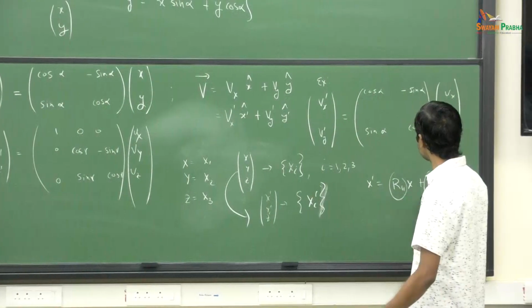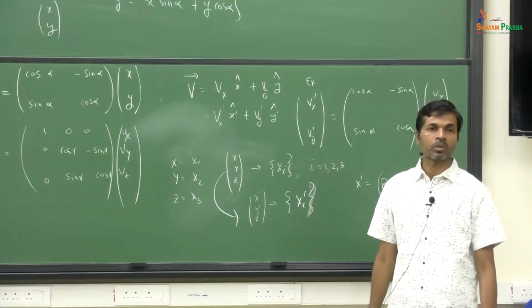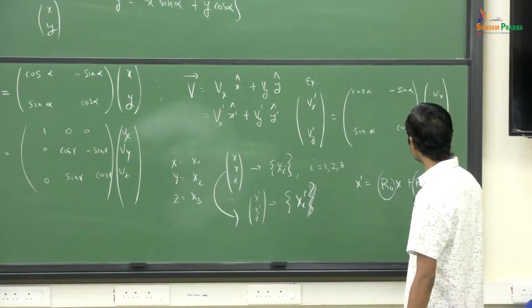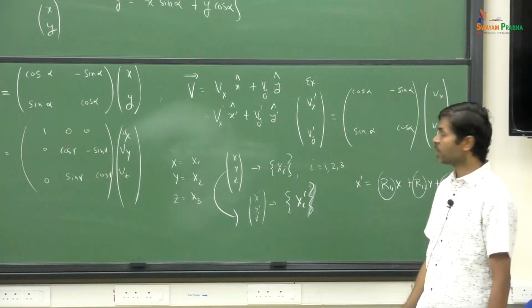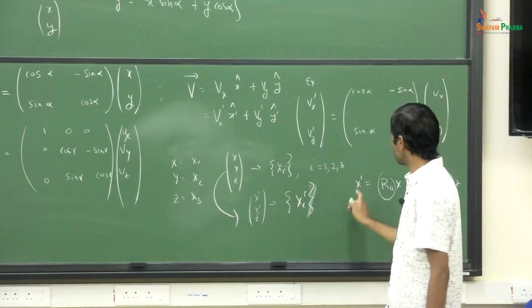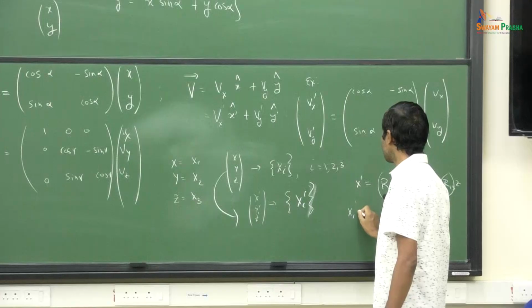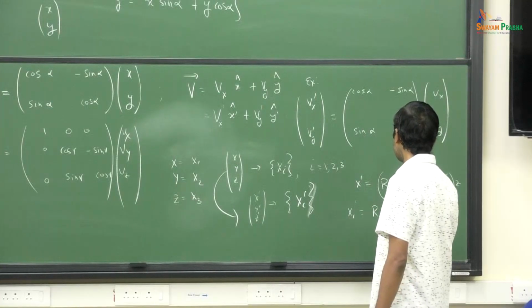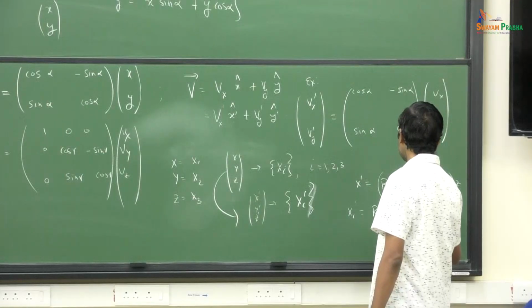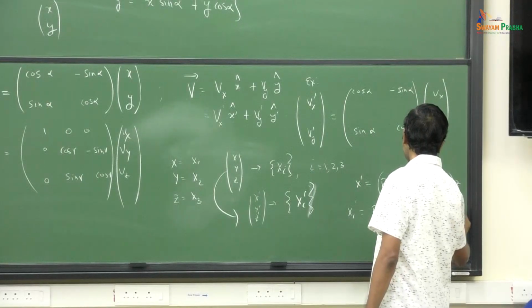But there will be some constant coefficients. They are independent of x, y, z. So this is how it will be related. Or if I use this index notation, x1 prime is r11 x1 plus r12 x2 plus r13 x3.